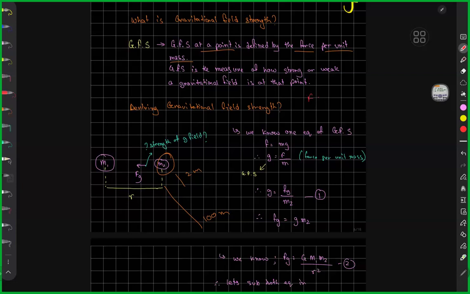You know force is equal to m times g. So the gravitational field strength or gravitational acceleration is given by g, which is force by mass. So your gravity, g 9.81, is the gravitational field strength. The thing that you call acceleration is essentially the gravitational field strength. That is what the gravitational field strength is.